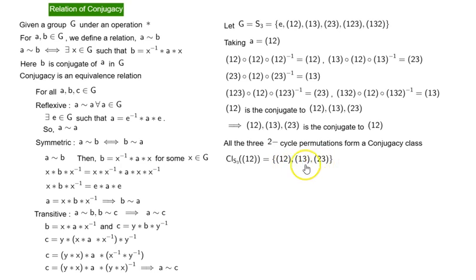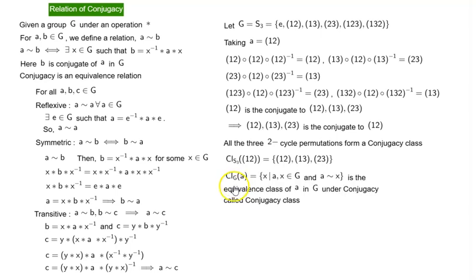So it is a set of elements in G. So the conjugacy class of A in G is equal to the set of X in G where X is a conjugate of A. This is the equivalence class of A in G under conjugacy, called the conjugacy class.